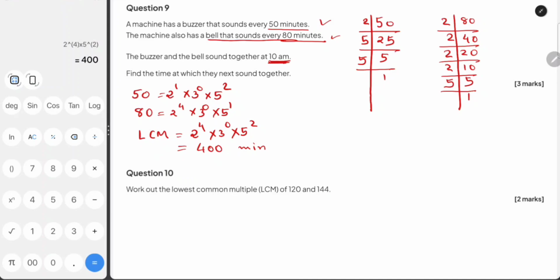Now if you convert this minutes into hours, it will be 400 divided by 60, so that's 6.6666, right? And if I write it as a fraction, 400 divided by 60.